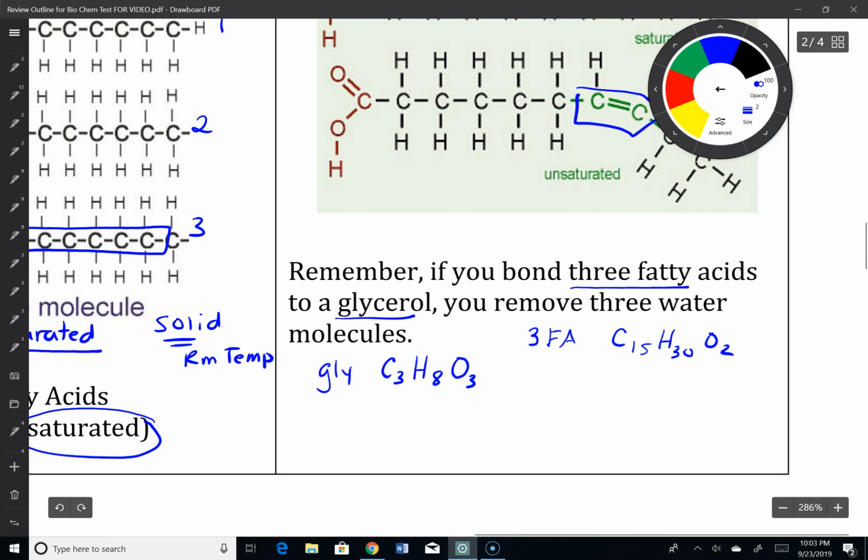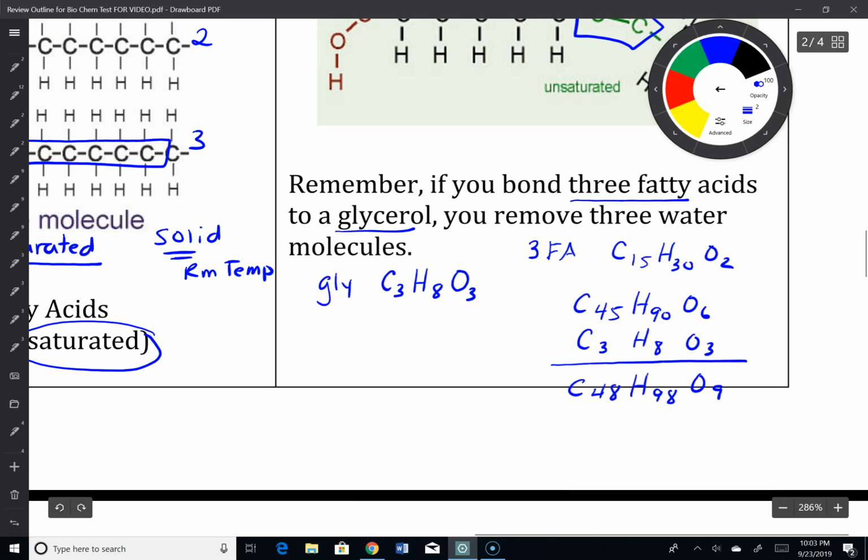Now I got 3 of those, so I have to remember that my total is going to be C45, because I tripled that, H90, because I tripled that, O6, because I tripled that, plus my original glycerol, C3H8O3, for a total of C48H98O9.